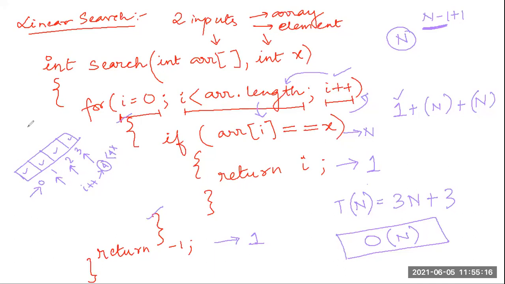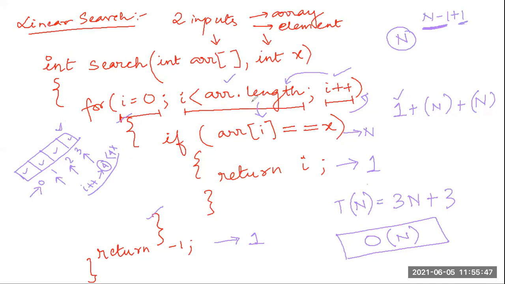No. So to get out of any for loop, I do one increment and one more checking to get a false answer. Otherwise my loop would continue infinitely and I would be trapped inside it. So to get out of the loop, I do one more step.